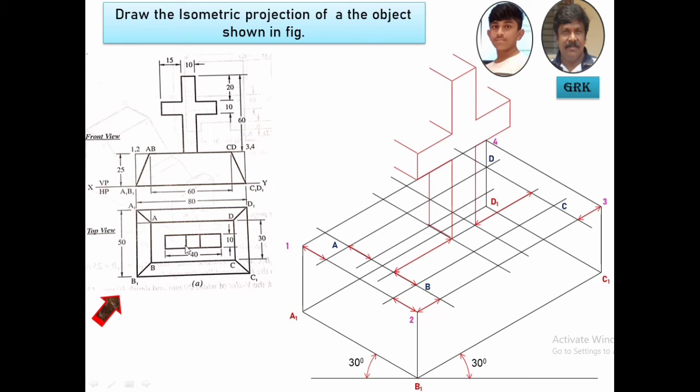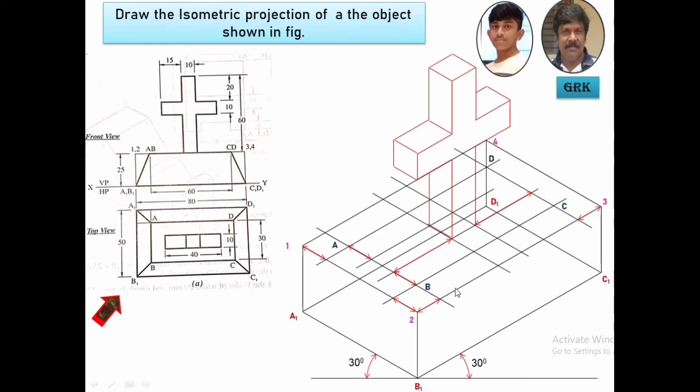That means these lines are parallel to this AB line or A1B1 line. They are placed at an angle equal to 30°. Therefore, all these lines are parallel to the 30° horizontal line here. Then you can join them in sequence. Join it.